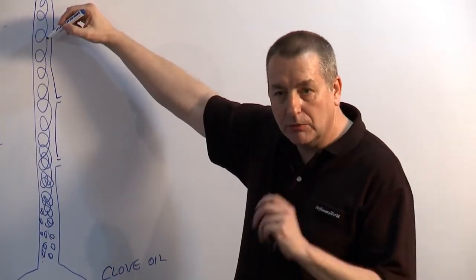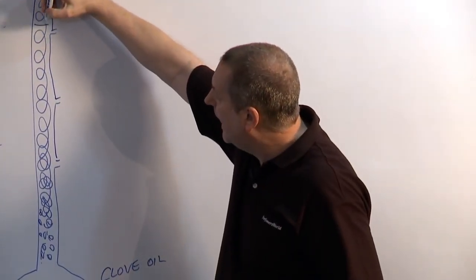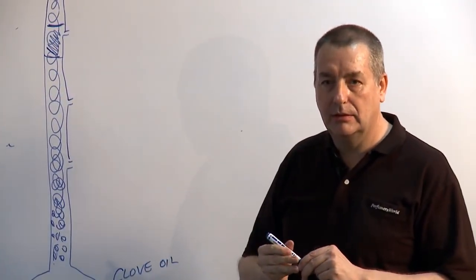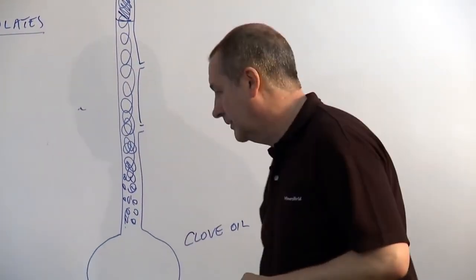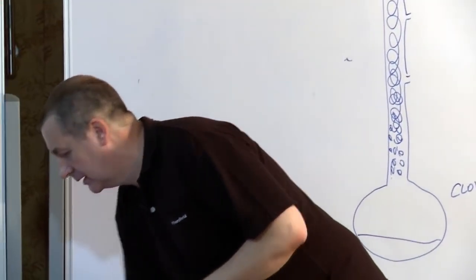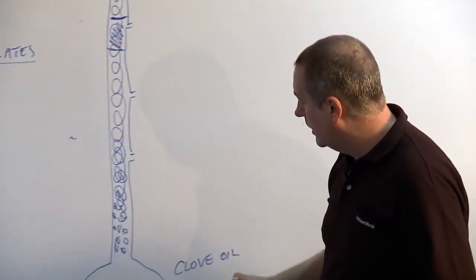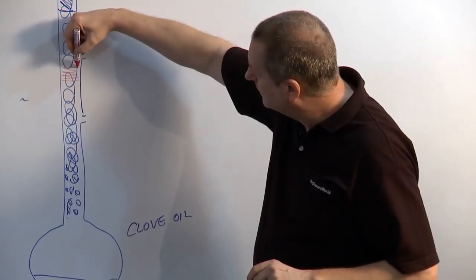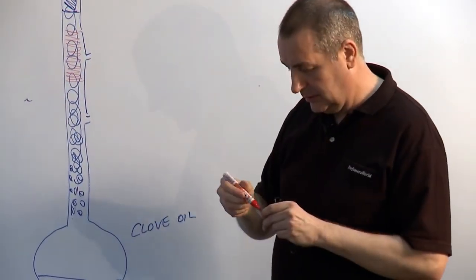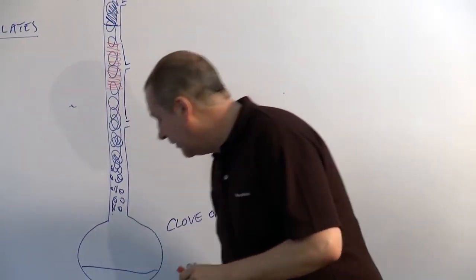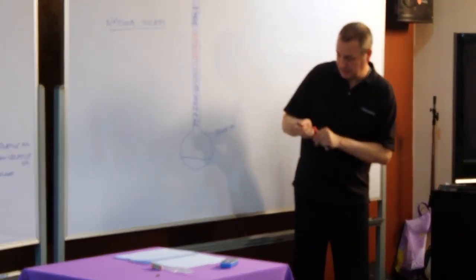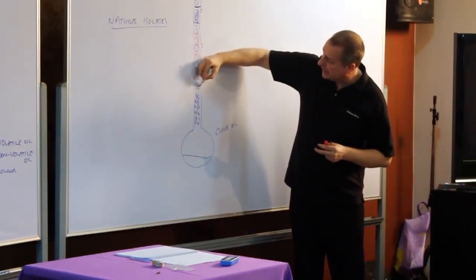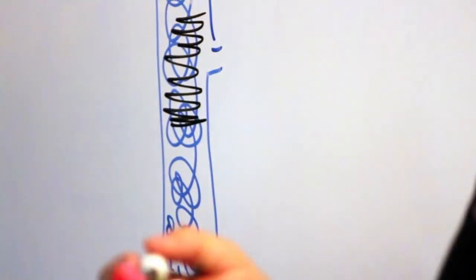Eventually, because the smaller molecules will tend to fall into a band, there. Then the medium-sized molecules will fall into bands there. And then the heavy molecules, the bigger molecules, the sesquiterpenes, will fall into bands there.